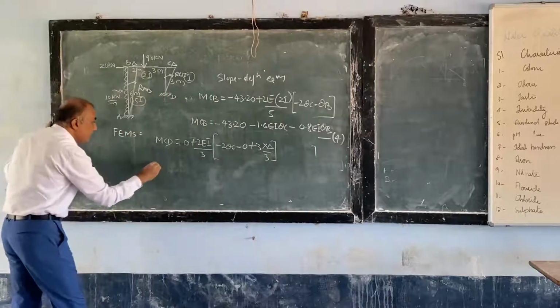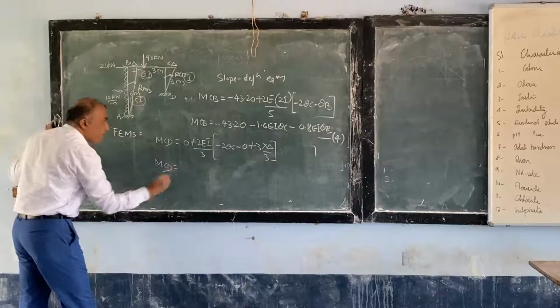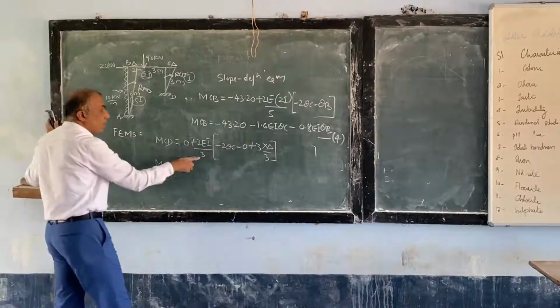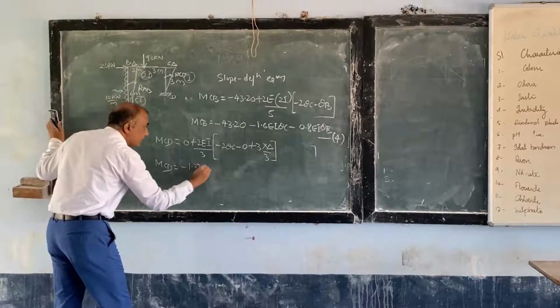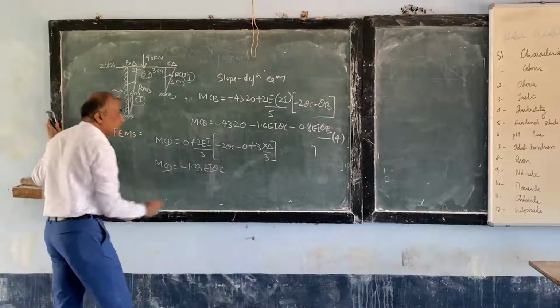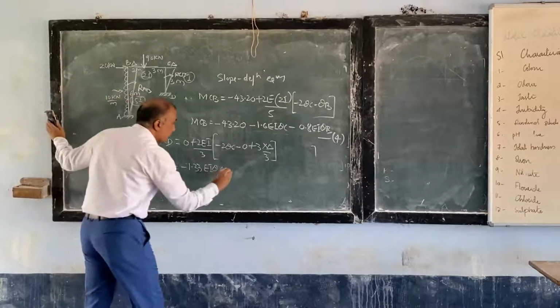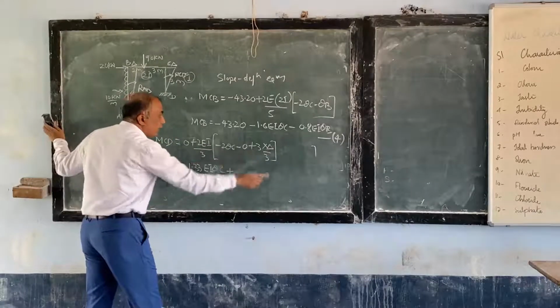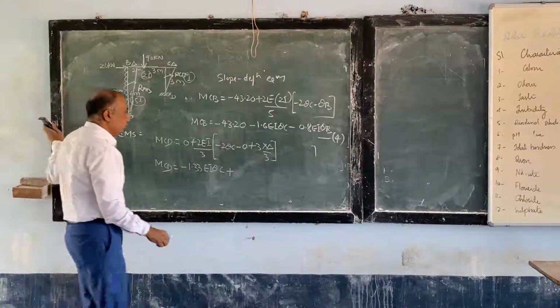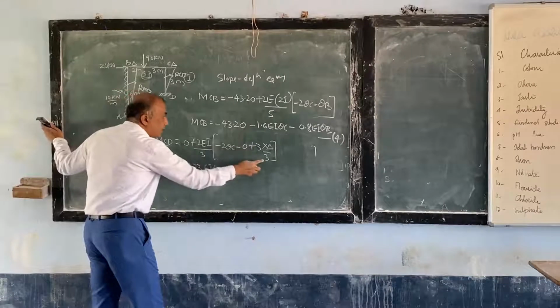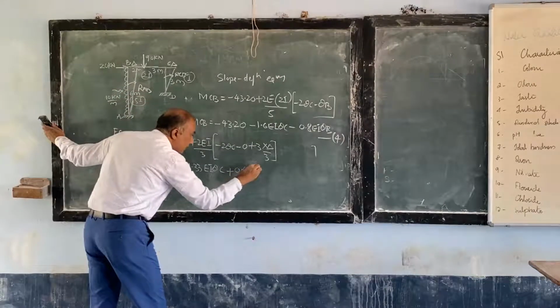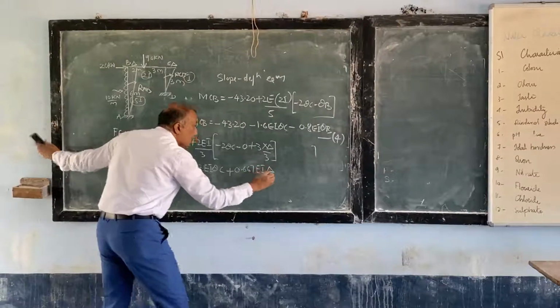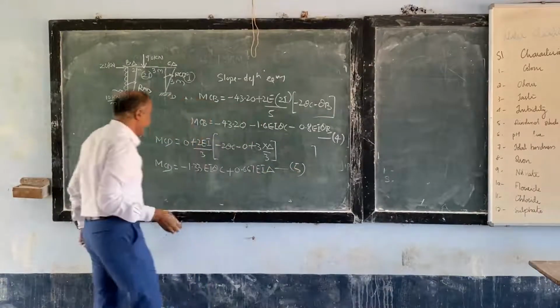So MCD will be equal to 2 by 3 is 0.667 into 1.33, minus 1.33 EI theta C plus 0.67 into 1, 0.67, 3 by 3 is 1. So it is 0.667 EI delta. So this is the fifth equation, MCD.